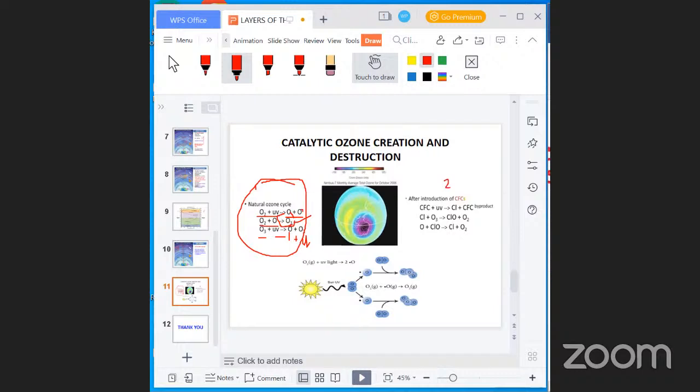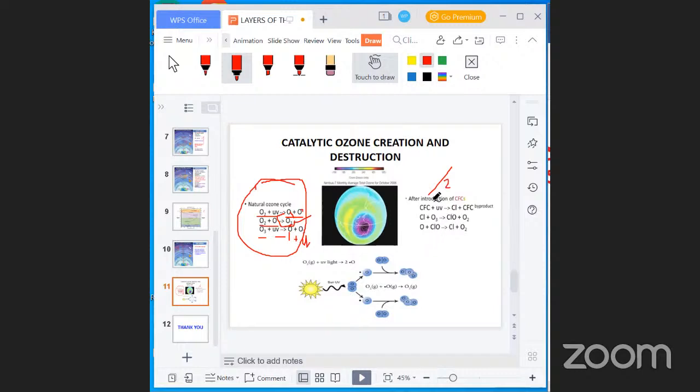Okay. So after the introduction of chlorofluorocarbons, you see here, we see these ozone holes happening, right? Why?